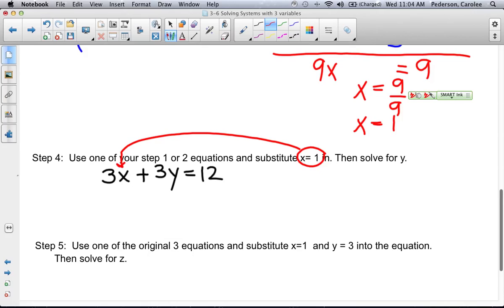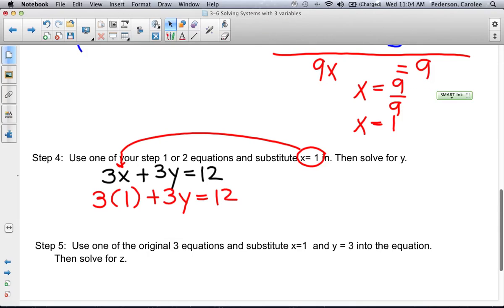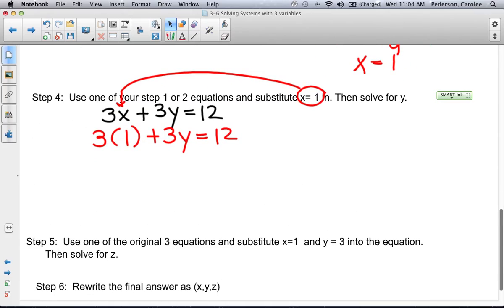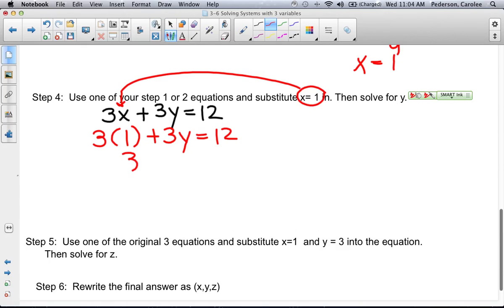And now we have one variable to work with, y. So 3, replace the x with 1, plus 3y equals 12. Now we will solve this equation for y. So 3 times 1 is 3. Then we will subtract 3 from both sides.